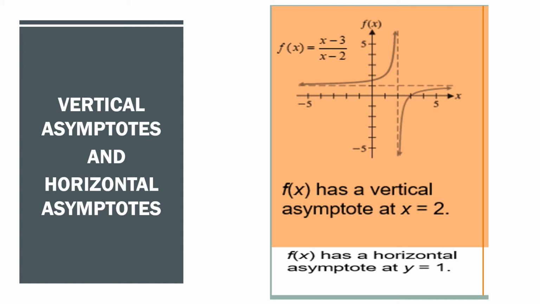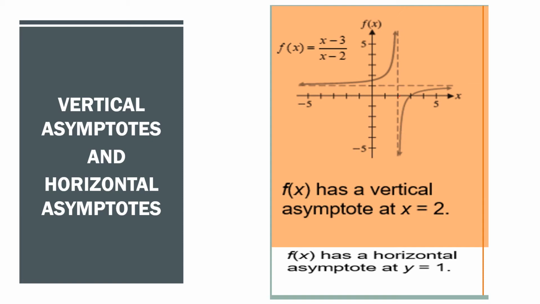Asymptotes are the lines which meet a curve at infinity. So it almost touches the curve, but it never touches, it touches only at infinity. In the first case, at the point x equal to 2, when we draw a vertical line, the vertical line at x equal to 2 does not meet the curve.